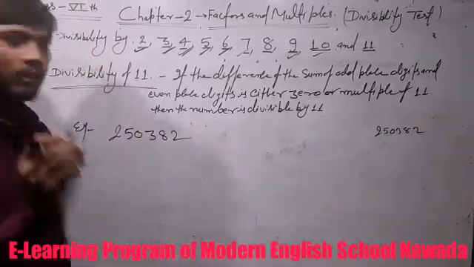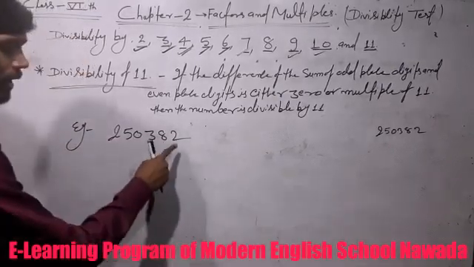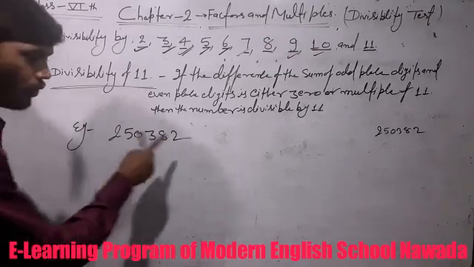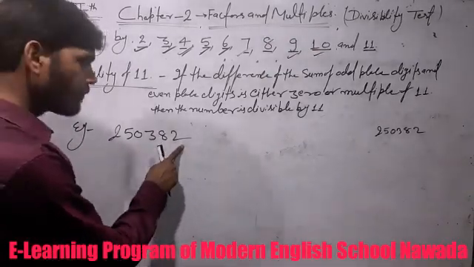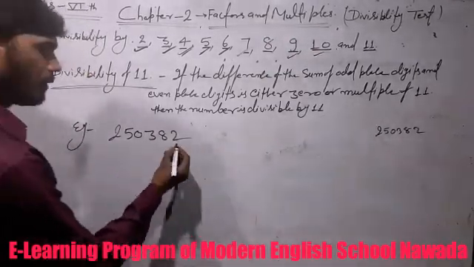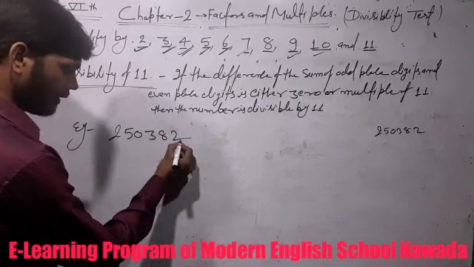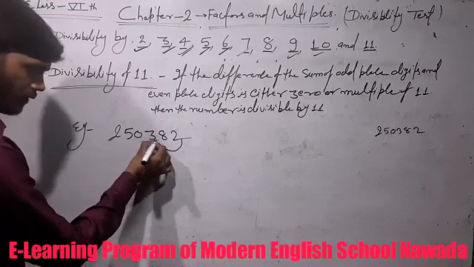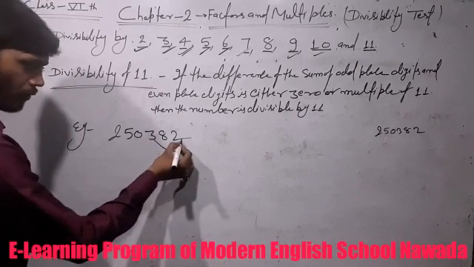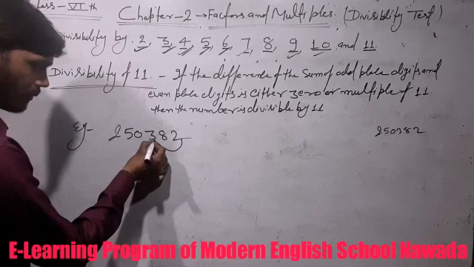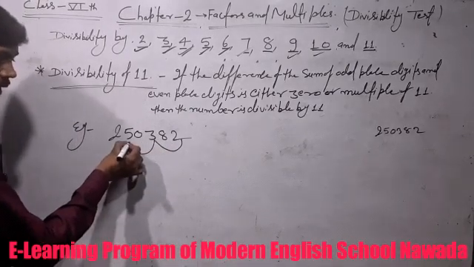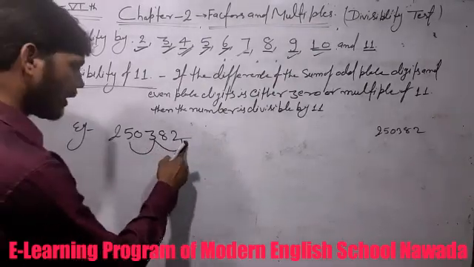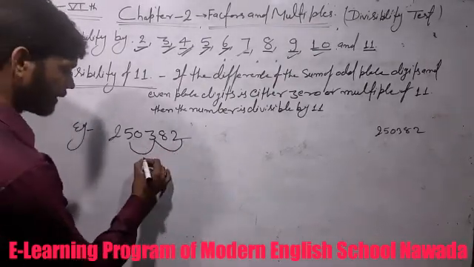Odd place and even place means here you start counting 1, 2, 3, 4, 5, 6. You know 1 is an odd number, so give a symbol here: first place, third place, and fifth place. So all these are odd places.